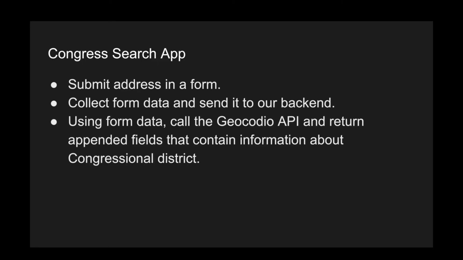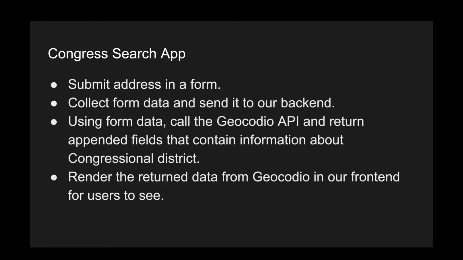After that, using that form data, we want to return this address with appended data from Geocodio's API that will include information about the congressional district, as well as the representatives within that district. And then finally, we want to render the data from our backend that we're getting back from the API in the browser in our front end.